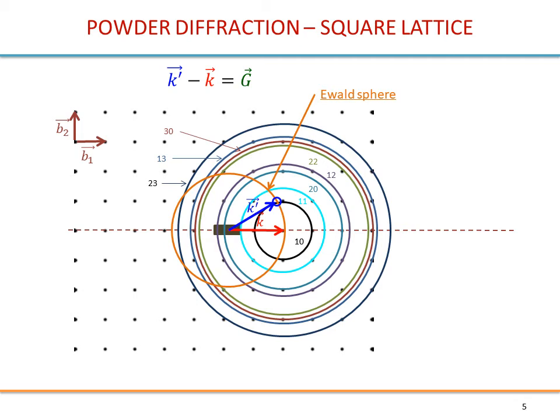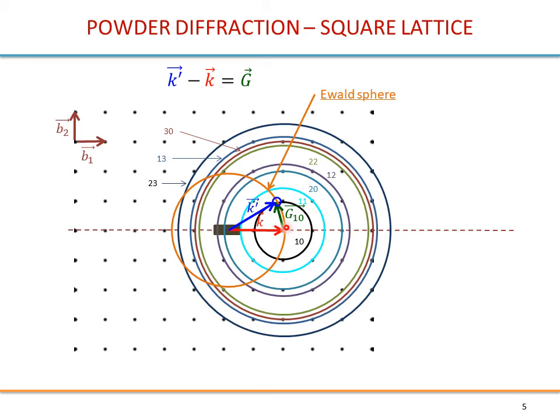Okay, K prime will be here, and G 1, 0 will be this. So this is a reciprocal vector for this, in fact, reciprocal lattice made of lines. Alright, so why is it this vector? Because if you do K prime minus K, it goes there. But in fact this vector is parallel to this one.